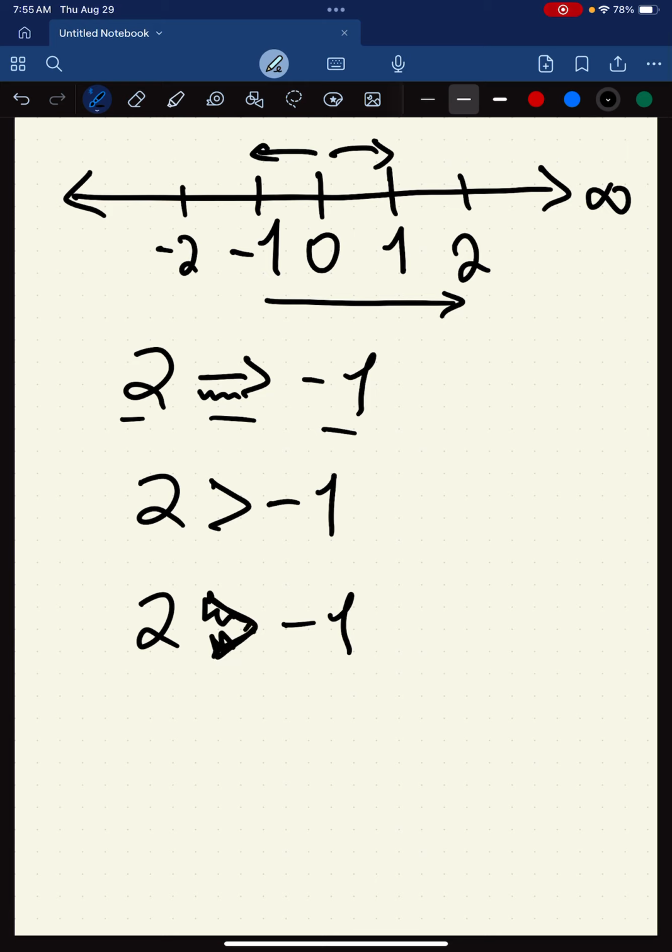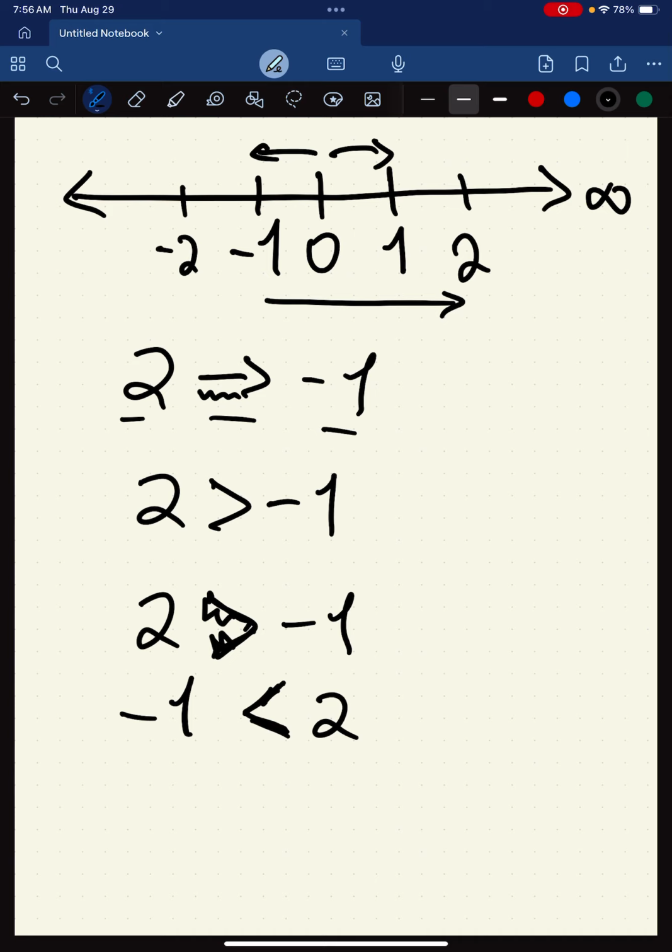So for example, if we had the order of these reversed and we were trying to figure out which one's to the right of, which one's to the left of, well, 2 is to the right of -1, and so we would write it like this, or you could say alligator always eats the bigger number. The open side always goes toward the bigger number, so this open side's going toward the 2.